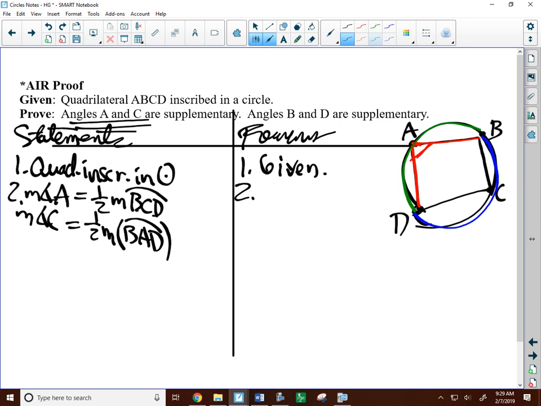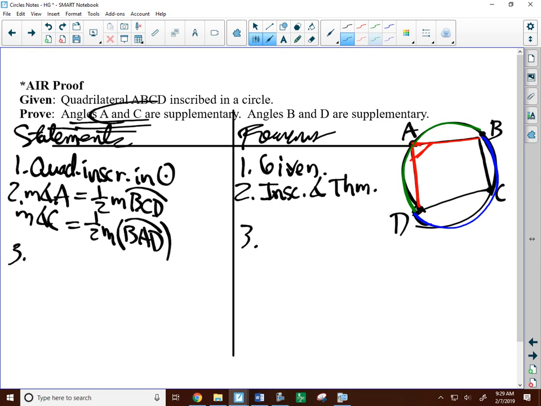The inscribed angle is half the arc. Inscribed angle theorem. Okay, so we have A and C now, and they're half their corresponding intercepted arcs.